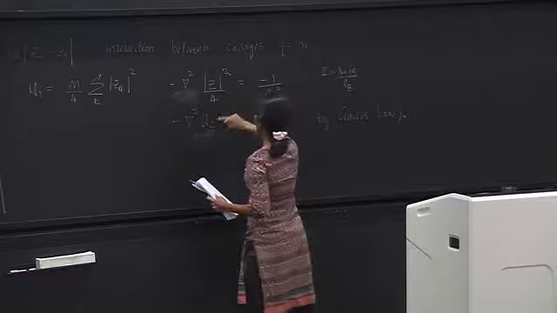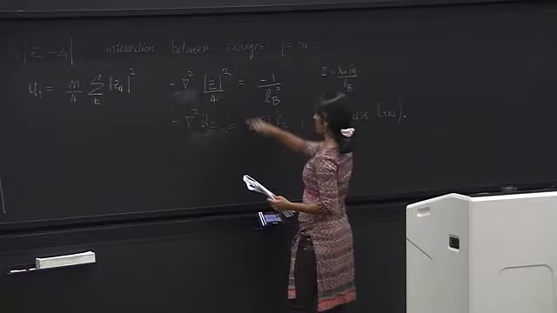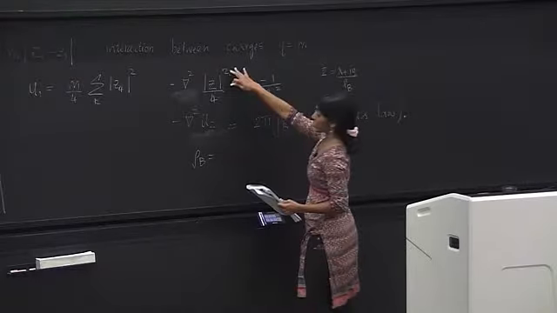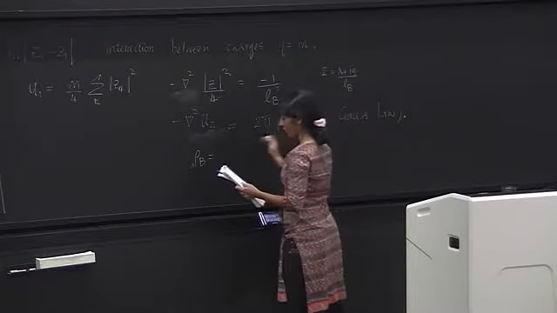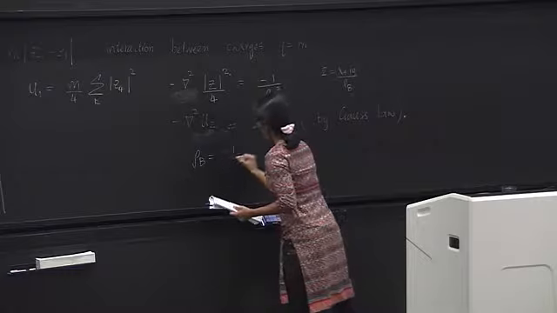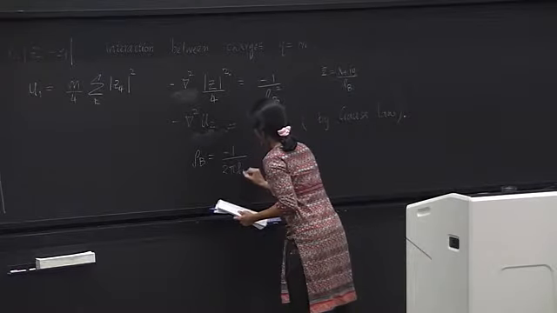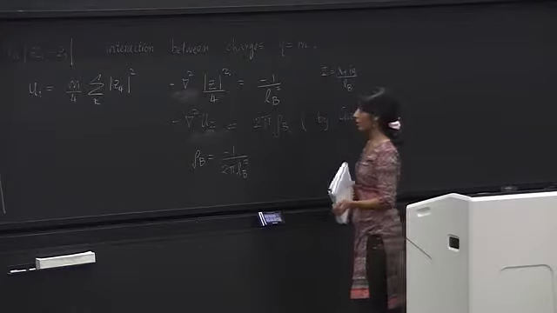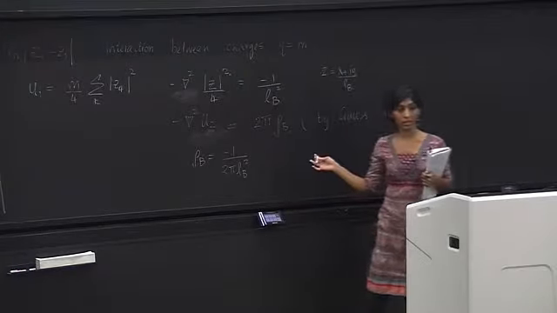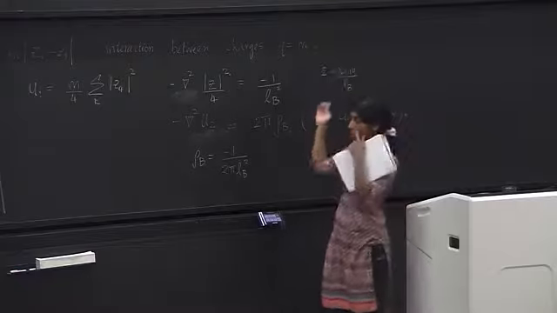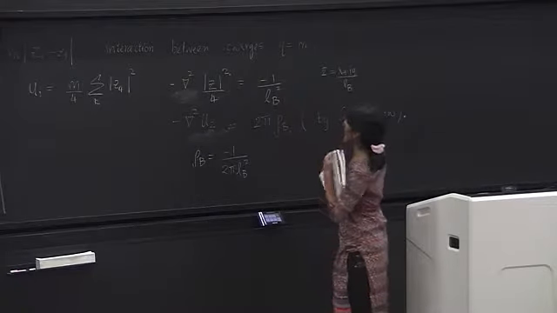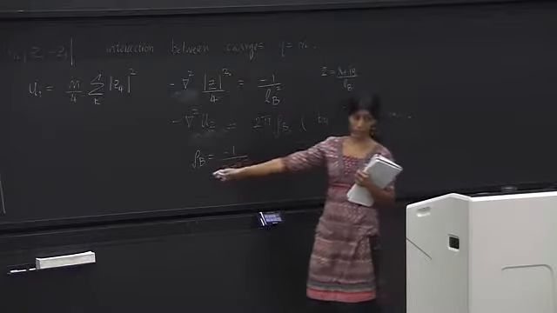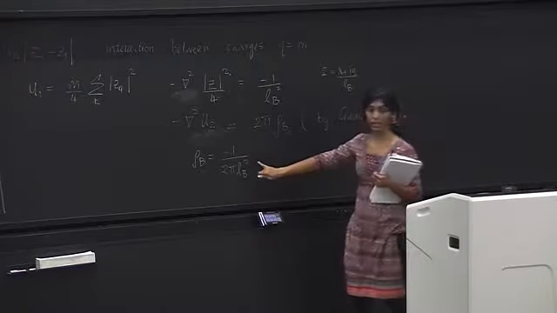And so identifying the potential with mod z squared over 4, I find that mod z squared over 4 would be the potential created by a charge density rho b given by minus 1 over 2 pi LB squared. Is this clear? So what I'm interpreting the second term as is that it's the potential created by a uniform density of negative charge, that's the minus sign here, with this value.